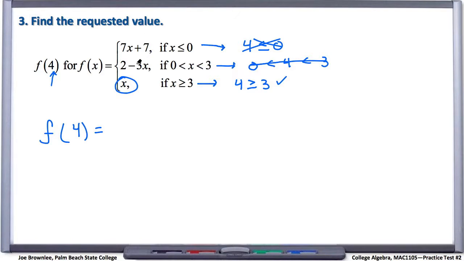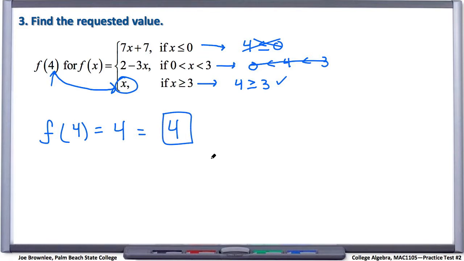Here we had 2 minus 3 times x. So a lot of things going on in these first two pieces, but in this last piece, it's just an x. So all they want us to do is take this value and plug it into the x, and what do we get? If we take that 4 and plug it into that x, all we get is 4. And so when we evaluate f of 4, all we get is 4.